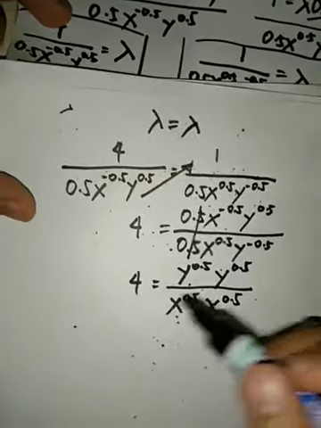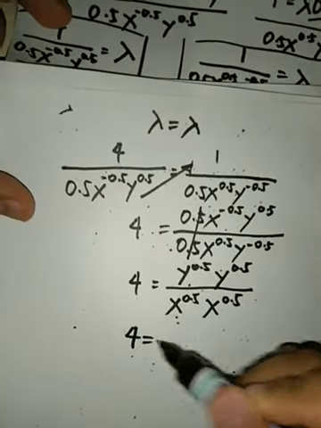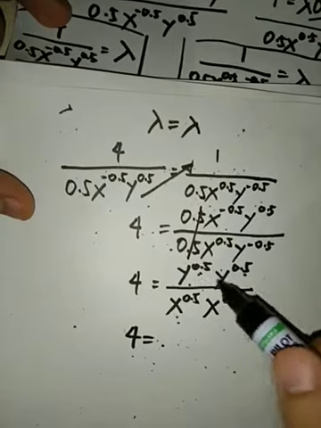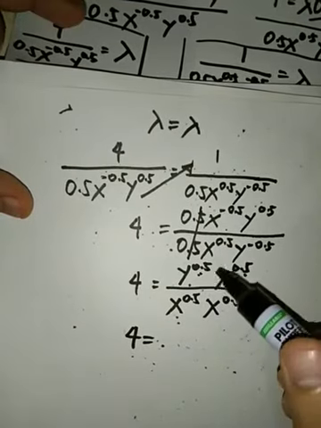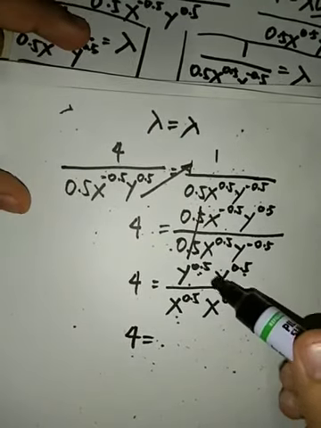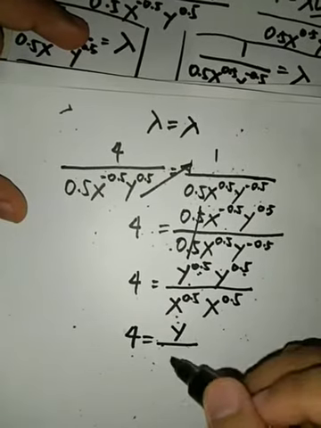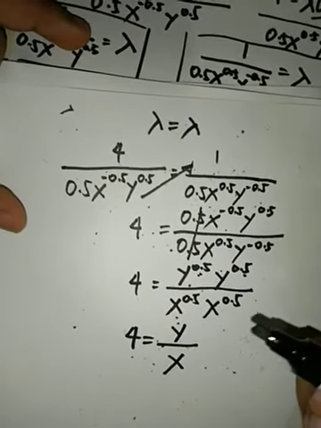Then simplify. So 4 equals, then add the exponents when multiplying the same variable. So it is y on top, and also at the bottom it becomes x.